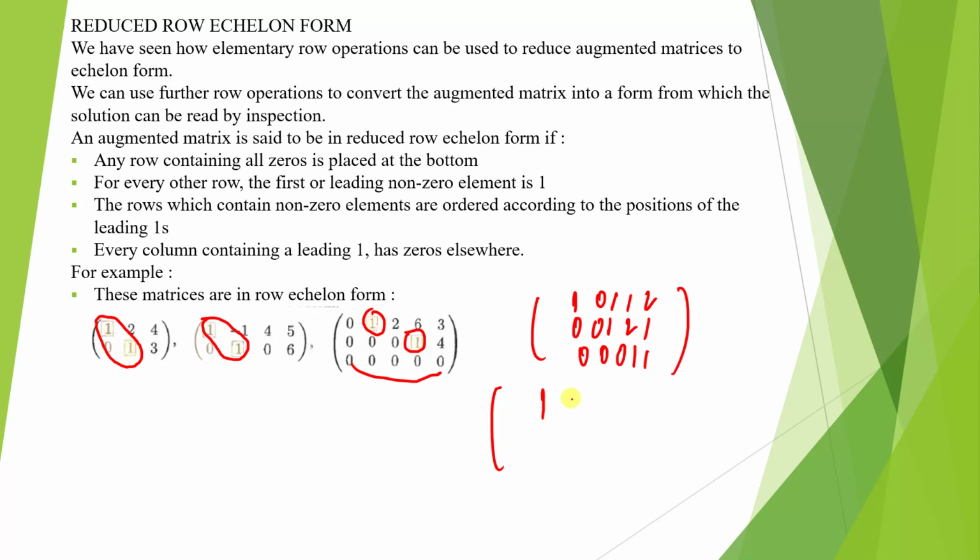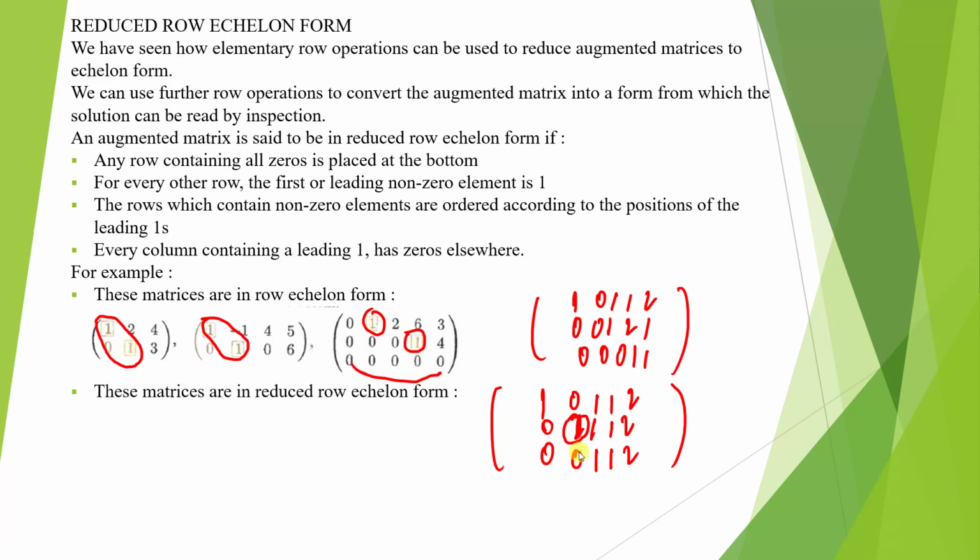But when we write 1 0 1 1 2 0 2 1 1 2 0 1 0 0 1 1 2, it is not row echelon because this one is not 1. It's 2, so it is not row echelon, but this one with 1 is row echelon. Please remember about this one. This is row echelon form.